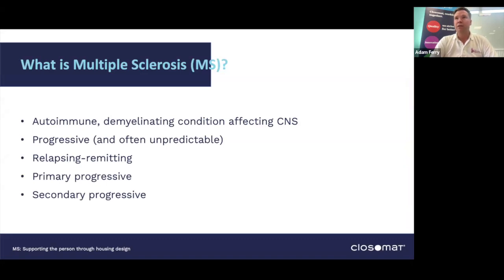So what is MS? For some of you on the webinar, or maybe a lot of you, this might be a bit of a refresh. If you've worked as an occupational therapist for long enough in community settings, or obviously if you're in neurological services, you will have come across someone with MS and no doubt worked with them as an occupational therapist.